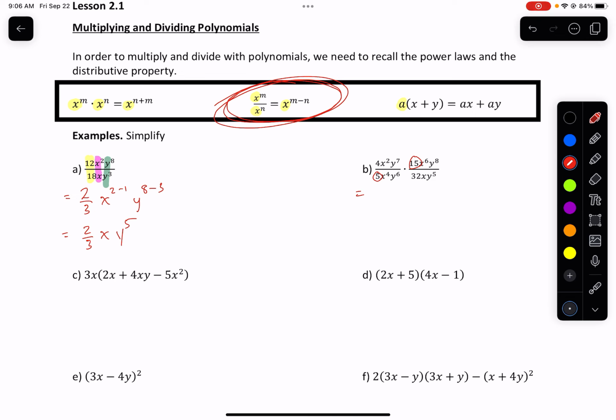Yeah. How? 4 goes into 32, right? With multiplication, it doesn't matter what order I multiply things in, so I'm just going to shuffle this around. There are all sorts of ways to do this, but I'm going to write 4x squared y 7. I'm going to bring the whole denominator over.